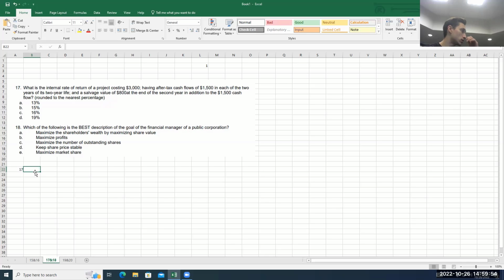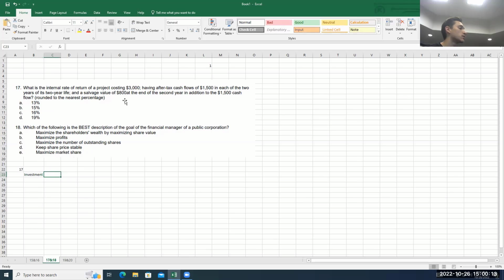So if I jot down the information that we know, our initial investment is going to be this $3,000. So we have the $3,000 investment. That's going to be a negative $3,000 because we are giving that money away to invest in this project.